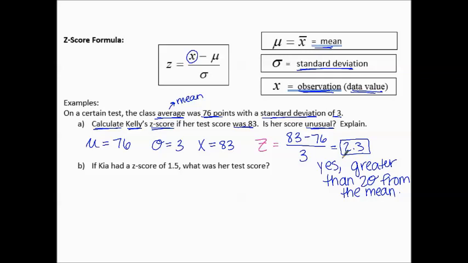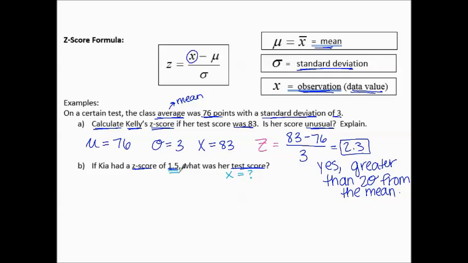Letter B says if Kia had a z-score of 1.5, what was her test score? Now remember back to the last problem, her test score was X. So we don't know what X is here. We don't know the observation, but I do know the z-score.